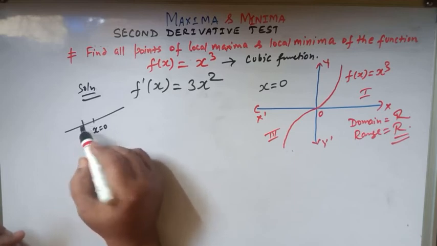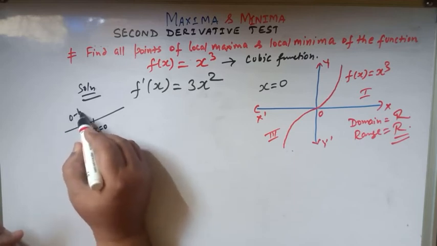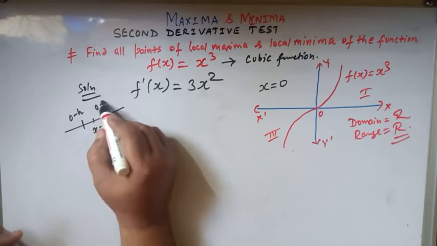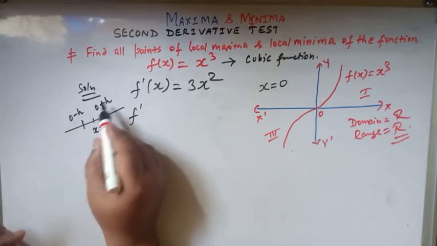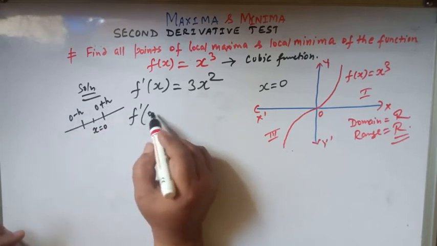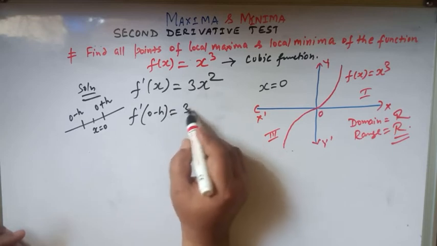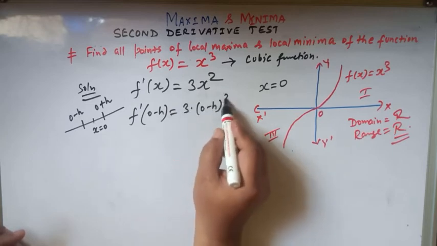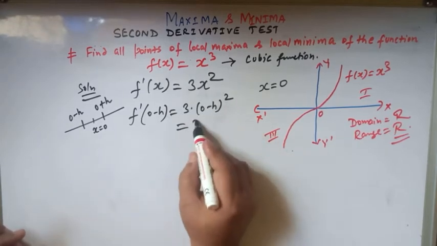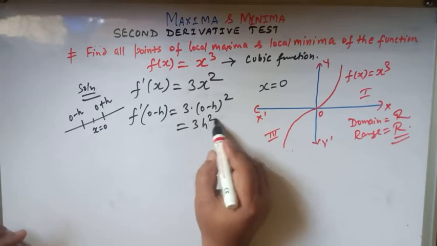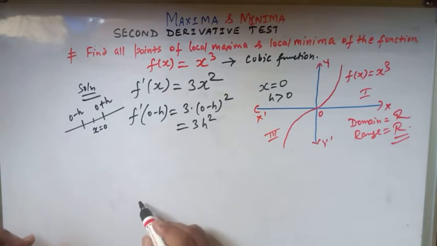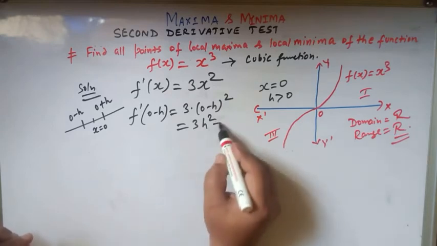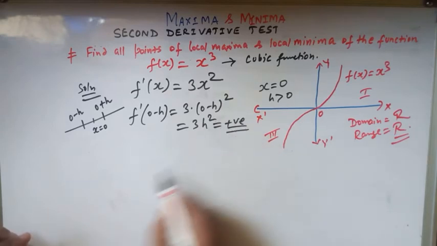So to the left we have 0 minus h, and here we have 0 plus h. So let us find the value of the derivative at these 2 points. So f prime of 0 minus h is 3 times (0 minus h) square. So we have 3 times of h square, and always remember h is greater than 0. So this is always positive.